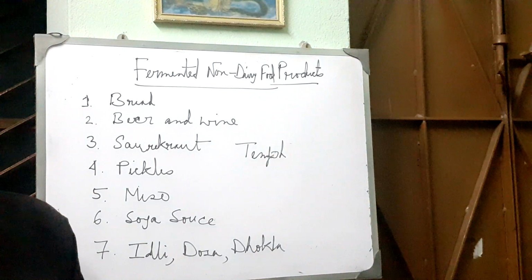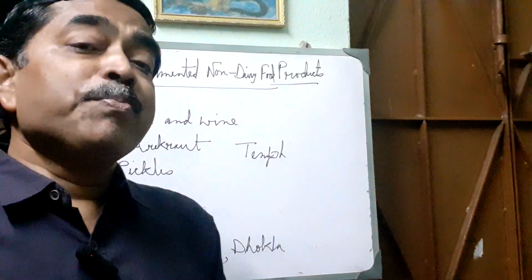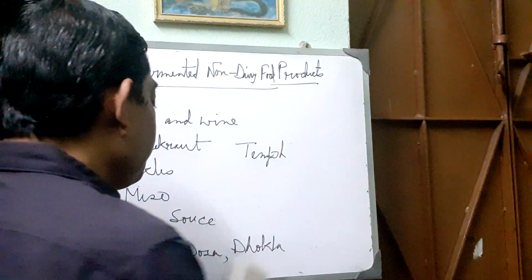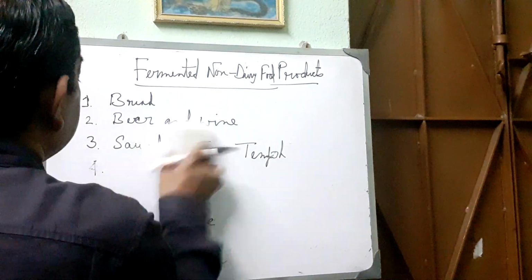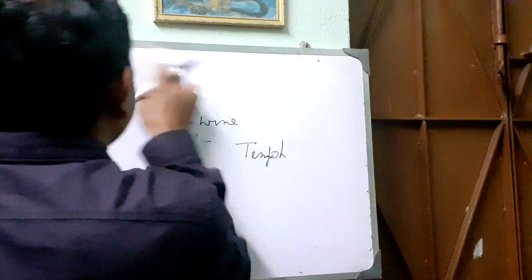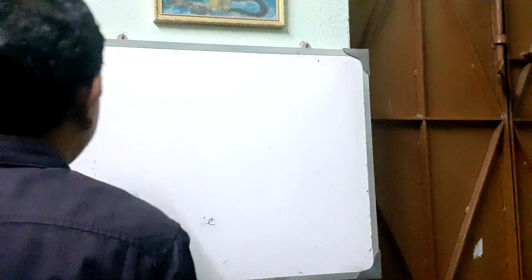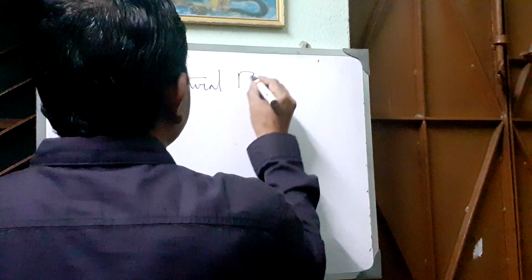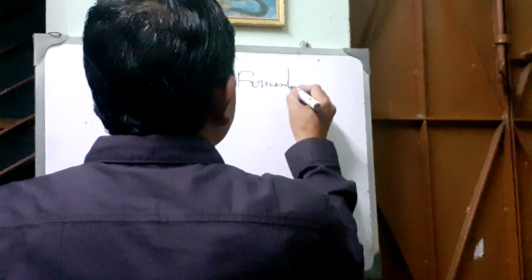Now one thing I should tell: these types of fermented products can be produced in two ways. One is natural fermentation or spontaneous fermentation, another is controlled fermentation.